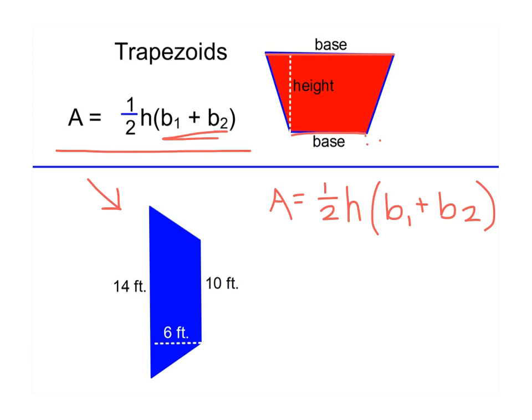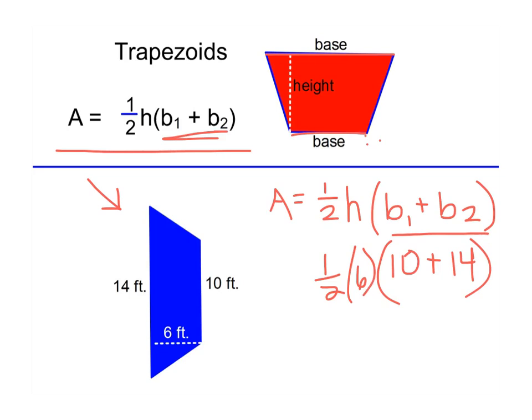Okay, here we go with our blue trapezoid. So I'm going to do the parentheses first, and I'm going to add those bases. So I see 10 plus 14. Okay, I'm going to keep it in the parentheses, and then I need half of the height. So half times 6, or you guys know that half of 6 would be 3. And then we have, again, the sum of the bases.